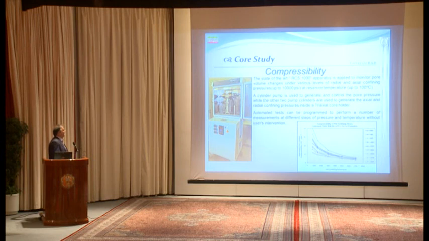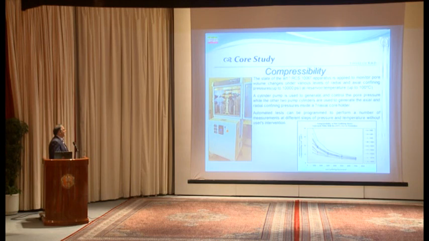Another system for compressibility measurement is the RCS, reservoir compressibility system, with 3 pumps. One pump is for applying pore pressure to the core sample, one pump is used for confining pressure, and another pump is for radial and axial pressure. Axial confining pressure is used for measuring reservoir rock compressibility under reservoir conditions.